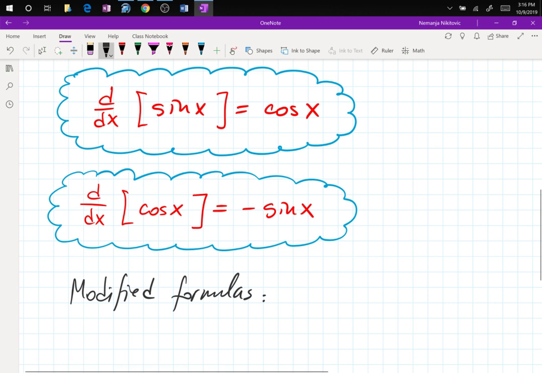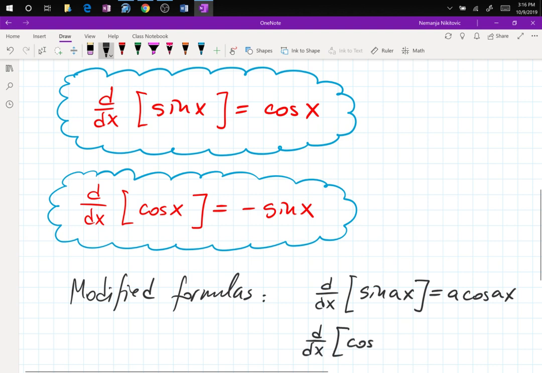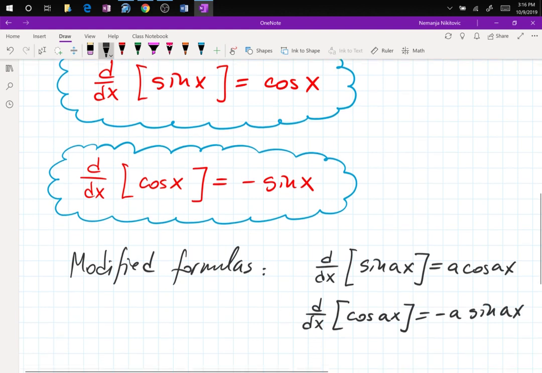And that is the derivative of sine ax is a cosine ax, and the derivative of cosine ax is negative a sine ax.